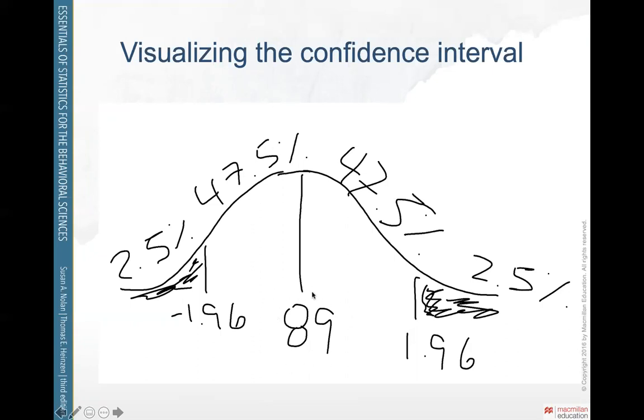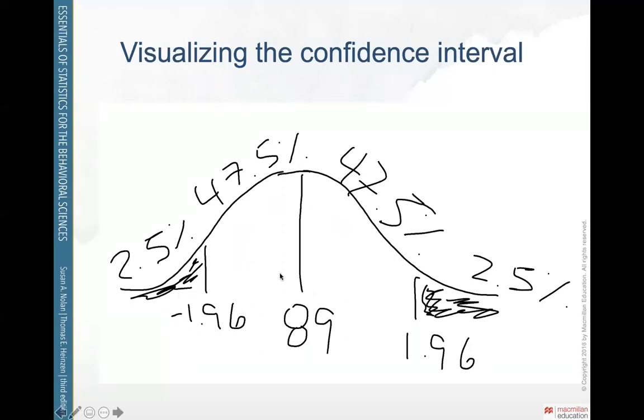So something I want to think about is how these critical Z values would change if, instead of using a confidence interval of 95%, we did a confidence interval of 99%. We don't necessarily have to know exactly what the Z values would be, but they would change.